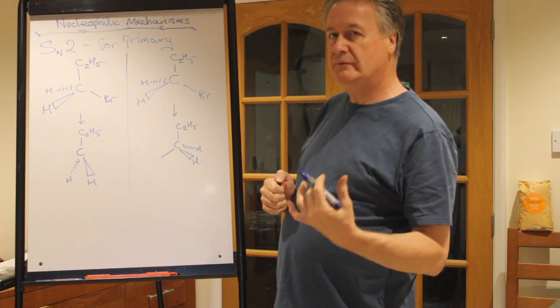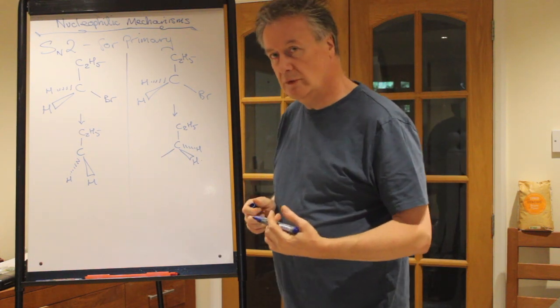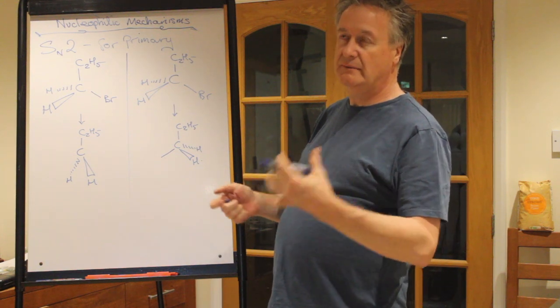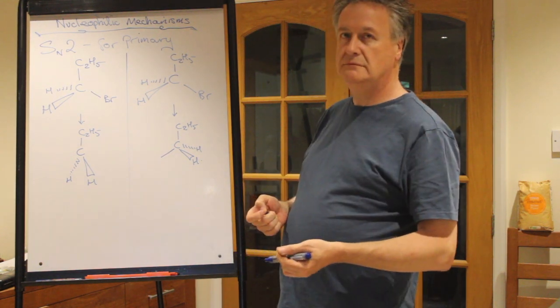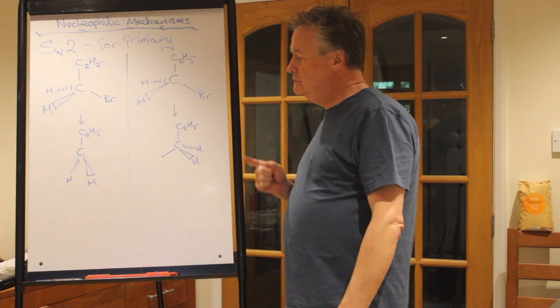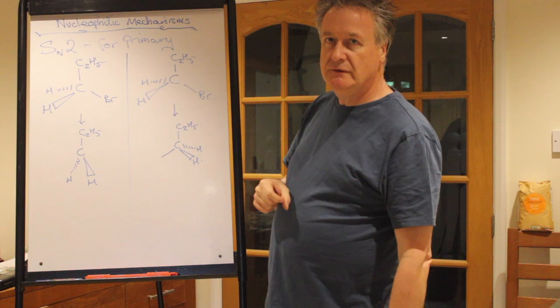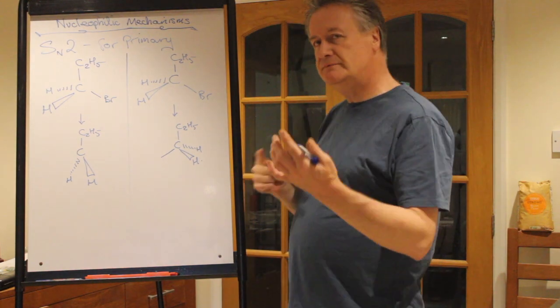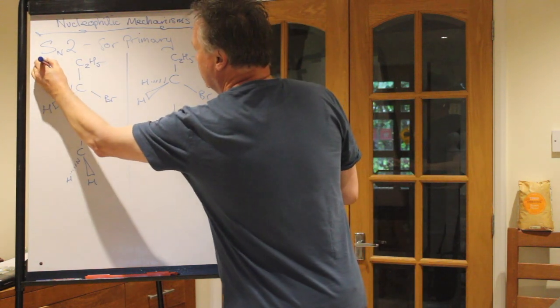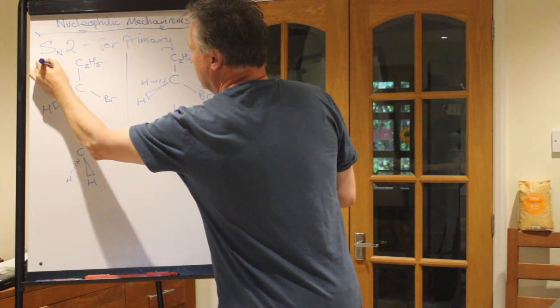I've said already, like before we had the little board wiping edit, that secondary does it, but secondary also does the other mechanism, which is coming up after this one. Now, you look at this, I've got it on the board twice. Why have I got it on the board twice? Because there's the straightforward mechanism where hydroxide ion.